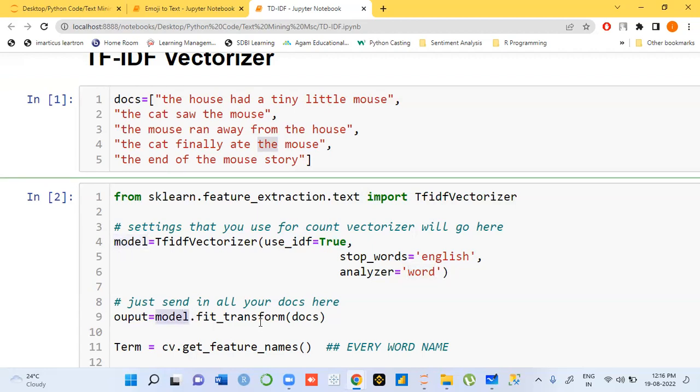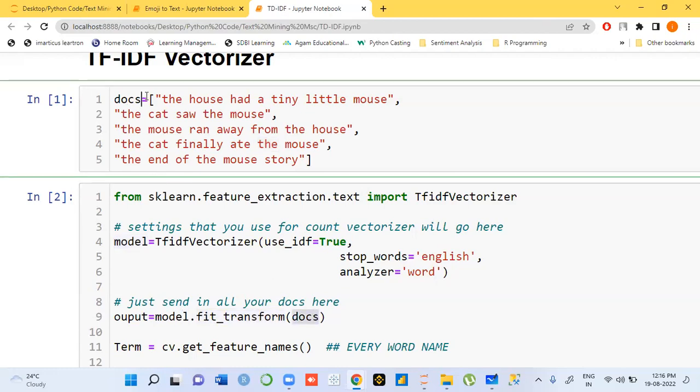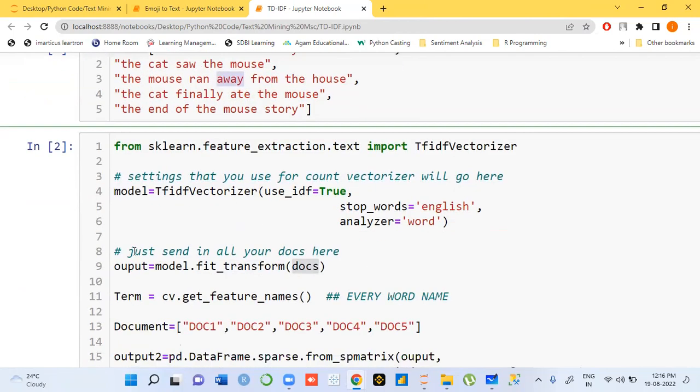Model dot fit and transform means apply and convert on the dataset named docs, which is your data. Do we have stop words anywhere, guys? The, had, a, again there are many stop words. We have to remove them. Assigning to output.